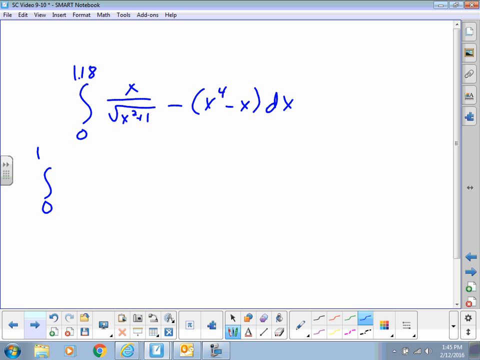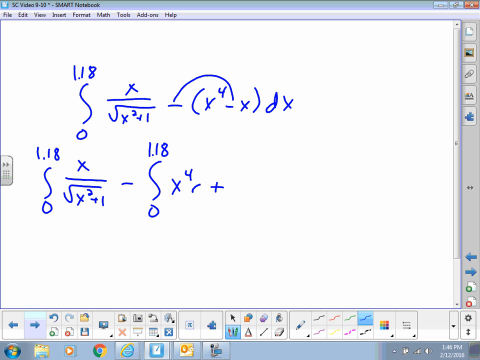We'll do 0 to 1.18 of x over the square root of x squared plus 1, minus the integral of x to the 4th. And because this negative will distribute to that negative, this is really going to end up as plus. I need my dx's here. Plus the integral from 0 to 1.18 of x dx.